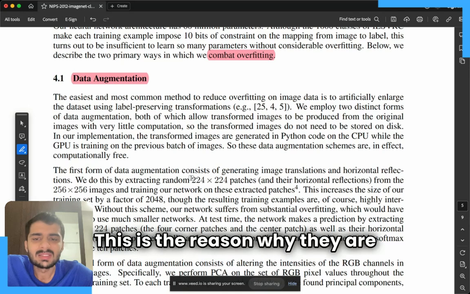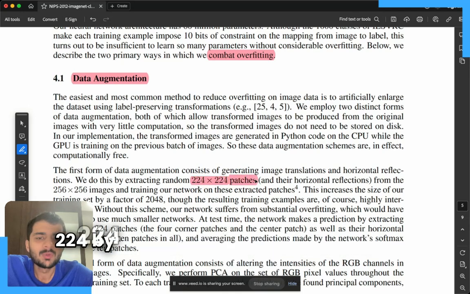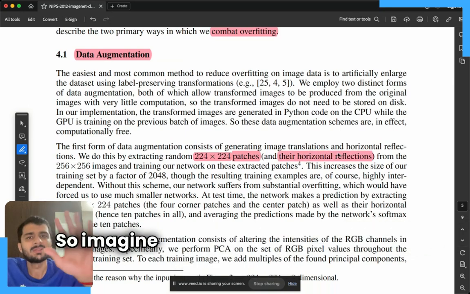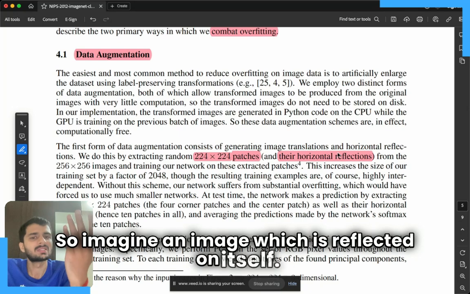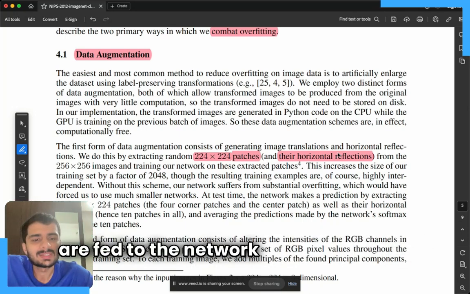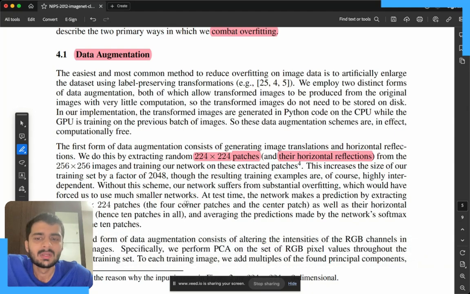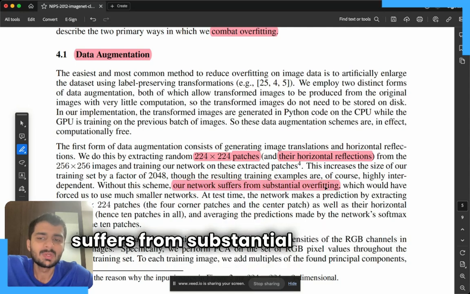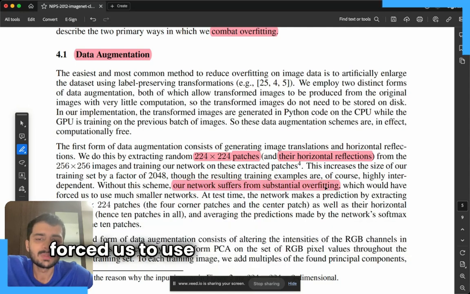This is the reason why they are extracting 224 by 224 patches and their horizontal reflections. Imagine an image which is reflected on itself. Both of these images are fed to the network. Without this scheme, they say, our network suffers from substantial overfitting, which would have forced us to use much smaller networks.